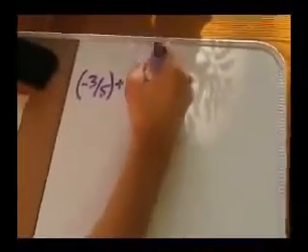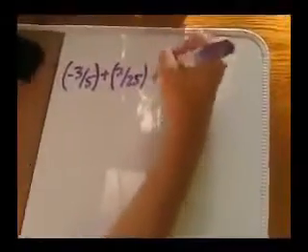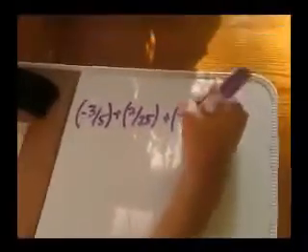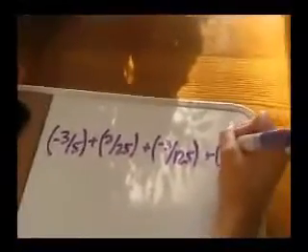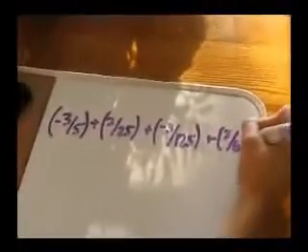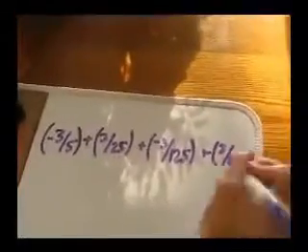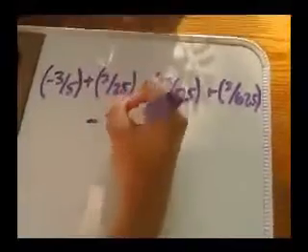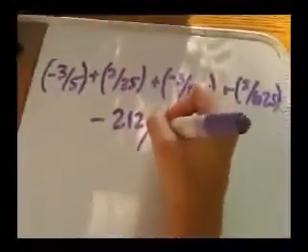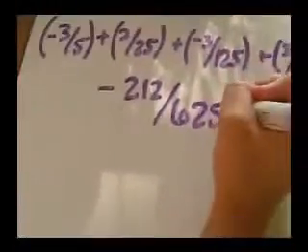Sure about that? I'm positive. Don't doubt my abilities. So when you add all that up, you get negative 212 over 625.